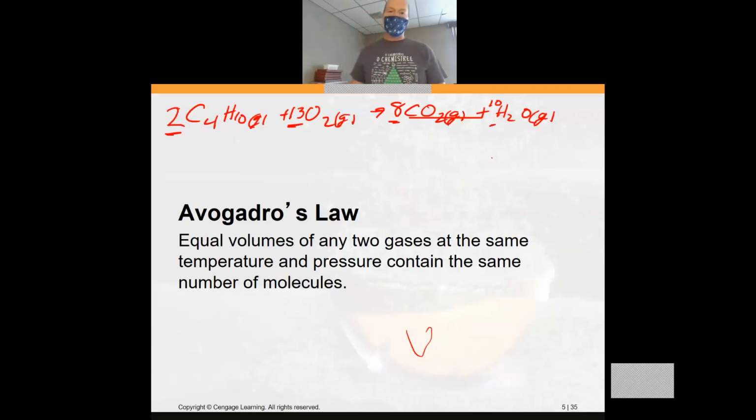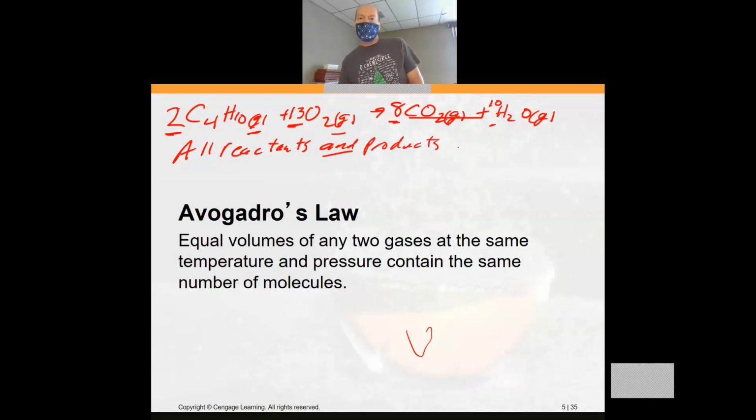Moles always can be used. You can only use volumes if everything is a gas. So all reactants and products are gases. Then and only then, when all the reactants and products are gases, can you use volumes.